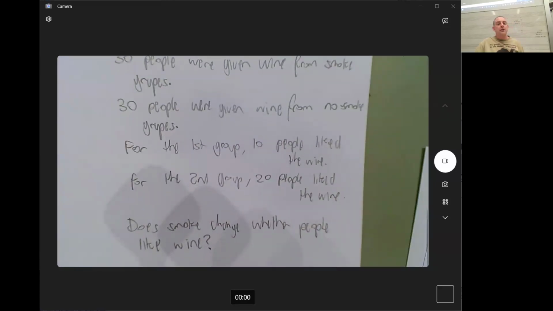So in this story, the two situations are whether you are given smoke grape wine or non-smoke grape wine, and the outcome is liking or not liking.